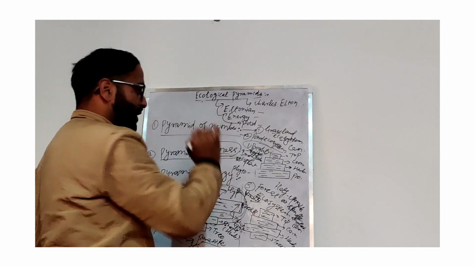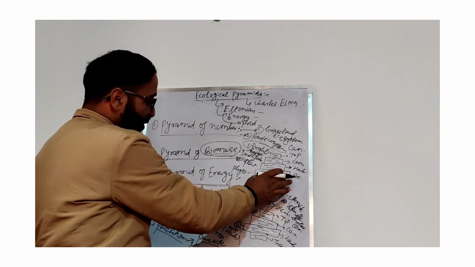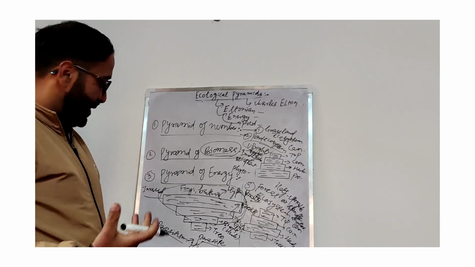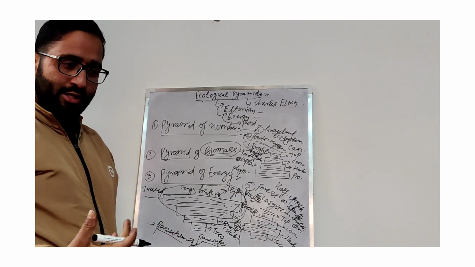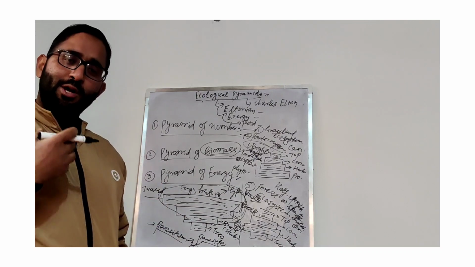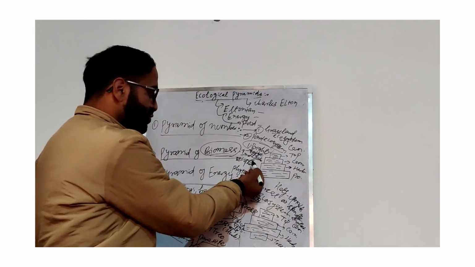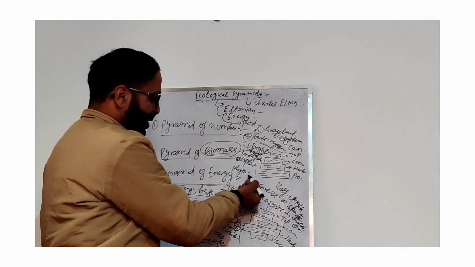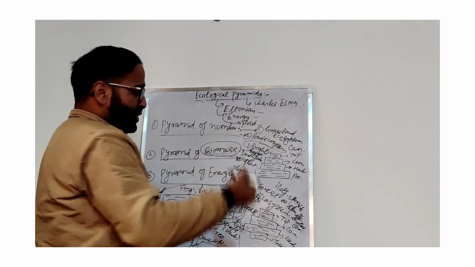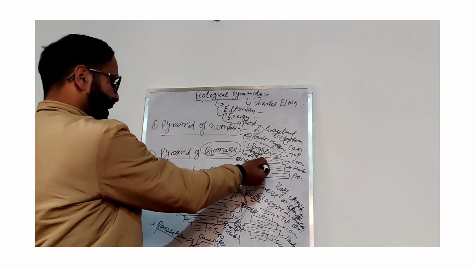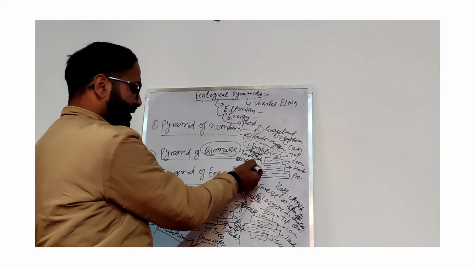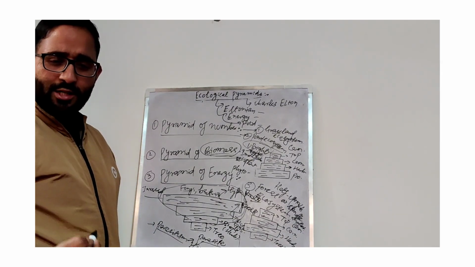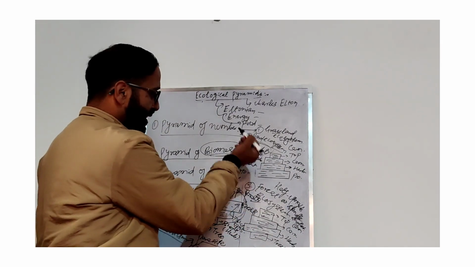So in both the grassland ecosystem and the forest ecosystem, the pyramid of biomass is upright. Now moving to the pond ecosystem. In a pond ecosystem, we have phytoplanktons at the base. These are producers. These phytoplanktons are very large in number, but their biomass is very small. The biomass of zooplanktons is more than that of phytoplanktons, and the small fish at the second consumer level have more biomass than the primary consumer level.